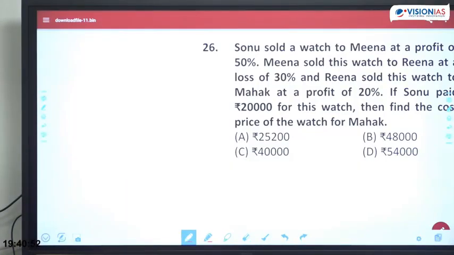These are for the practice. Try question number 26.